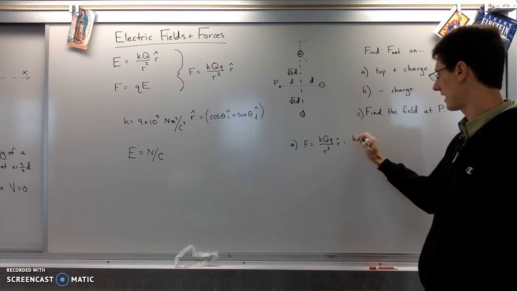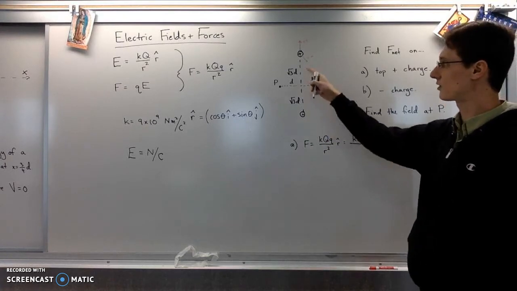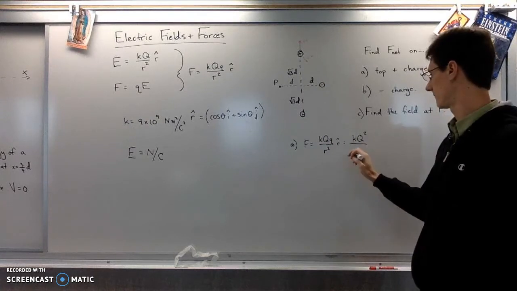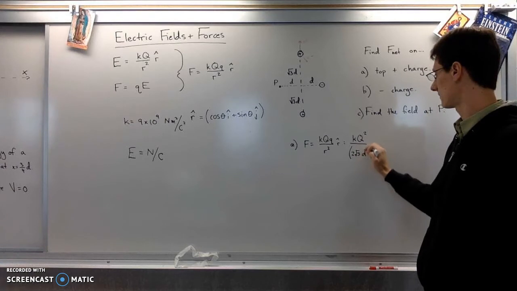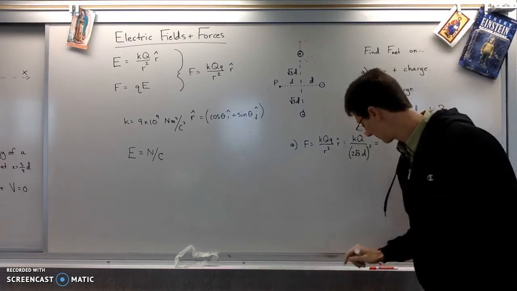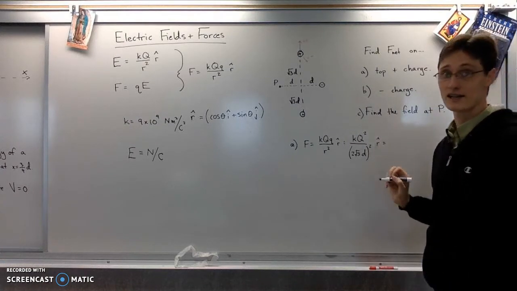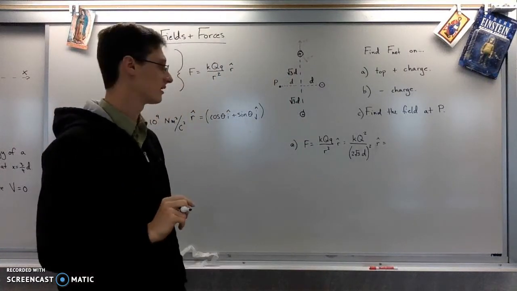Both of the Q's are the same magnitude. The distance between them is root 3 d plus another root 3 d. So that's 2 root 3 d. That's going to get squared. Oops, got my r hat. For this one, the r hat is really not going to be especially important, as you may have already realized.